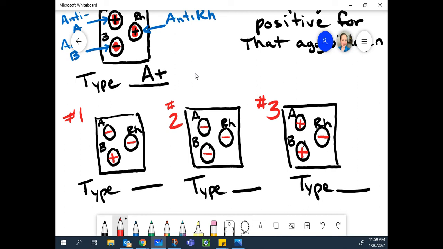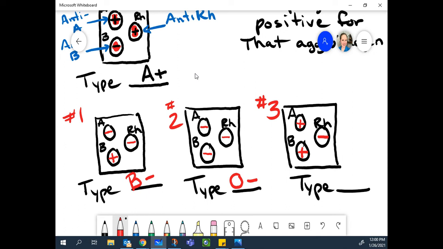Okay, so it has the B protein, so I'm going to write that letter, and it does not have RH, so you're right. It is B negative. So then what about this one? It does not have any A, it does not have any B, and it does not have RH. O, yes, this is O negative.